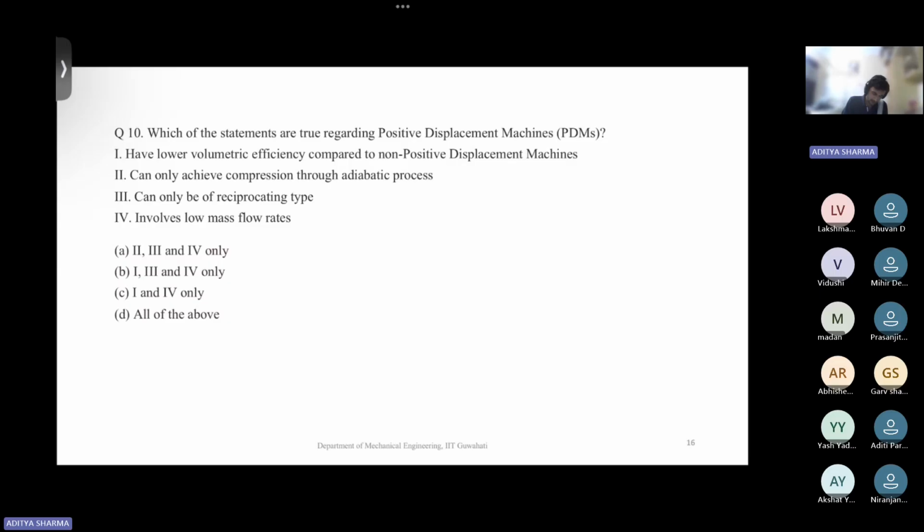So they have lower volumetric efficiency compared to non-PDMs, can only achieve compression through adiabatic process, can only be of reciprocating nature, involves low mass flow rates.